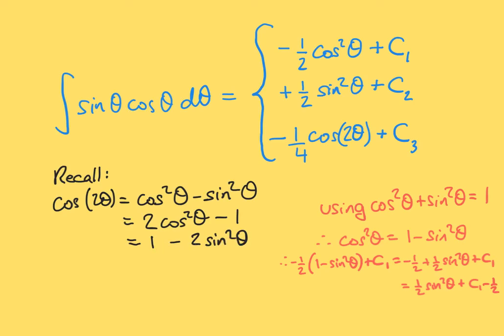And so in an equivalent way, which I will leave for you to explore, we can rewrite this either in this way, using this relationship, or we could rewrite this in this way, using this relationship.